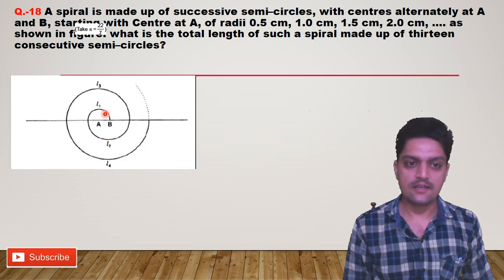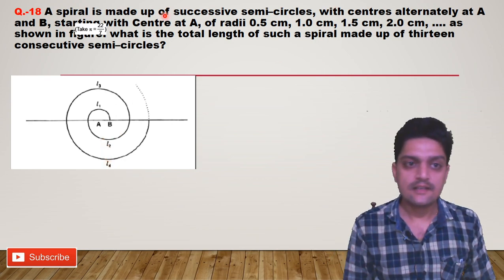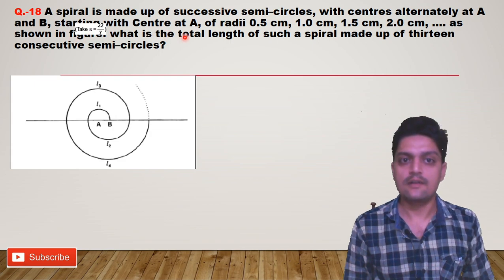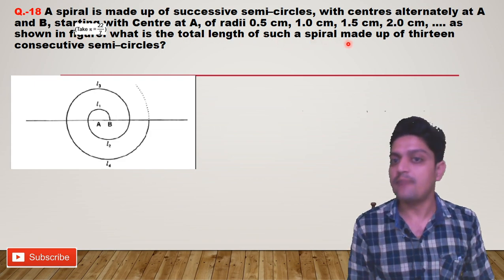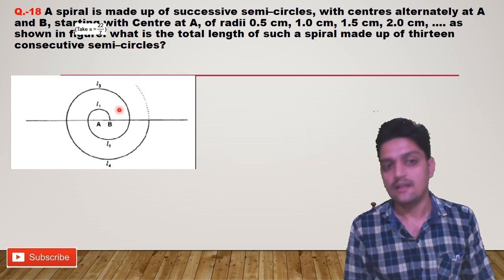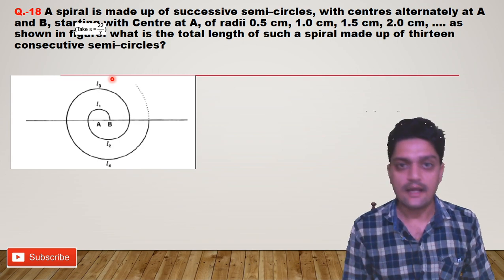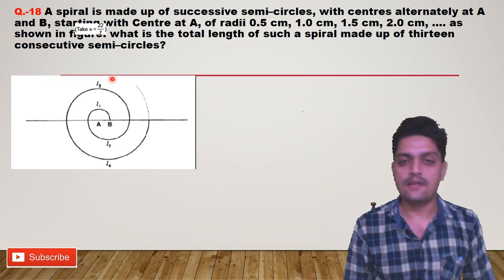First radius 0.5, second is 1.0, then 1.5, and so on. How many semicircles are there? It is given as shown in the figure. What is the total length of such a spiral made up of 13 consecutive semicircles? So 13 semicircles are here, and we have to find the total length.